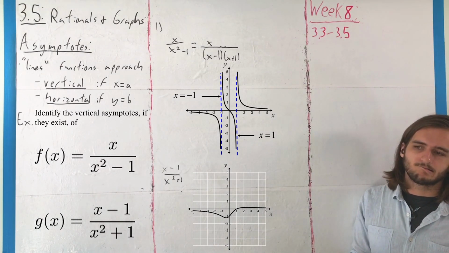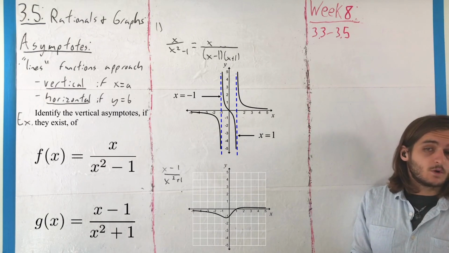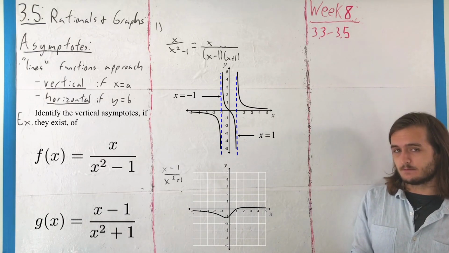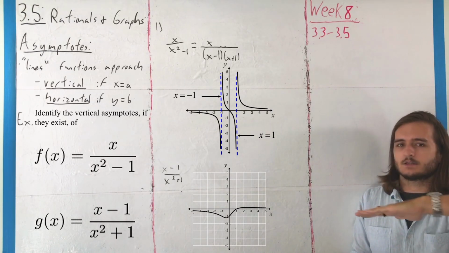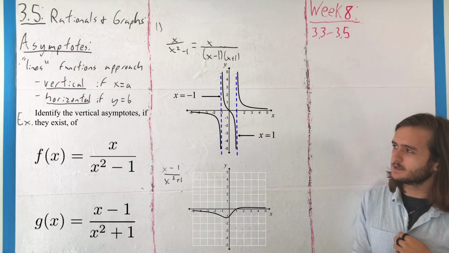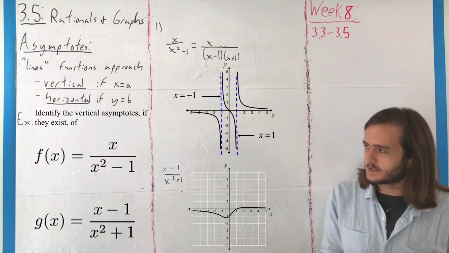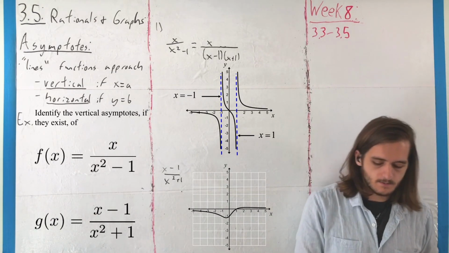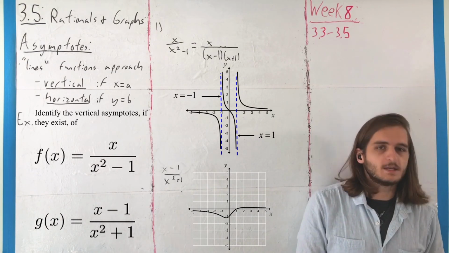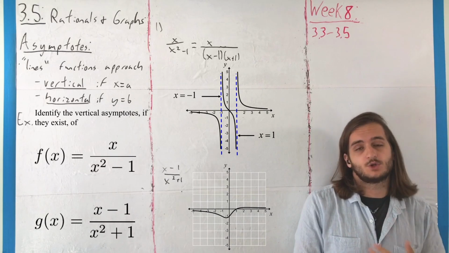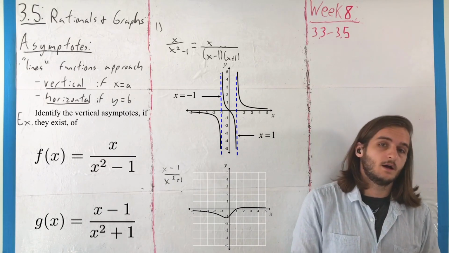But how can we tell for sure if those are horizontal asymptotes at y equals 0, that it's not going to cross the x-axis? Sorry if I misspoke there and said x a couple times where I shouldn't have. There's a lot of x's and y's here. It's easy to make that silly mistake. And that's what we're going to talk about next, though. Not making those mistakes, but how we can identify potential horizontal asymptotes on the other hand.